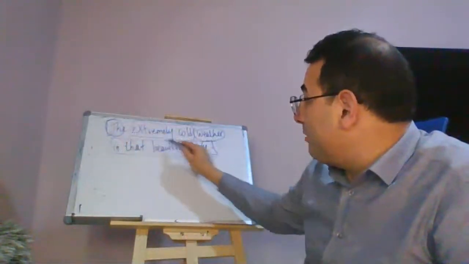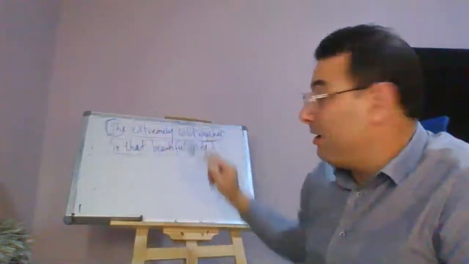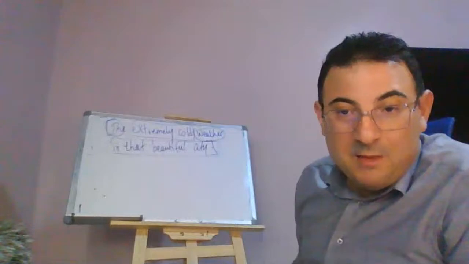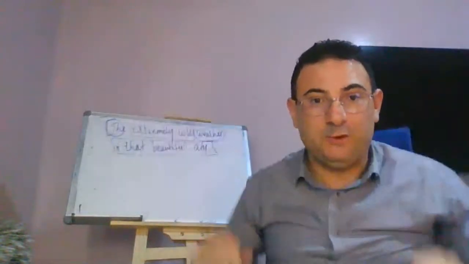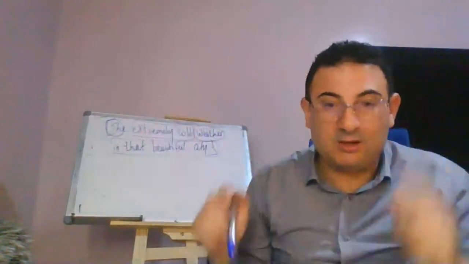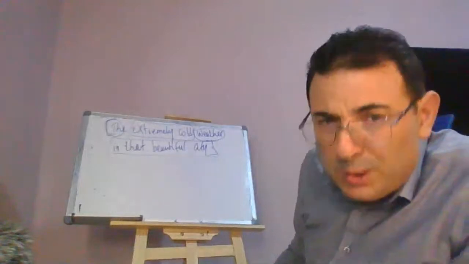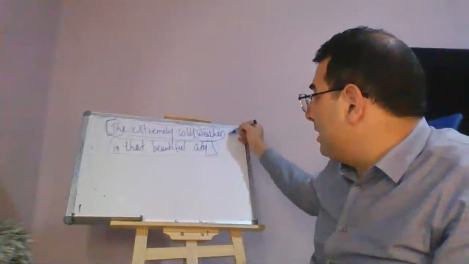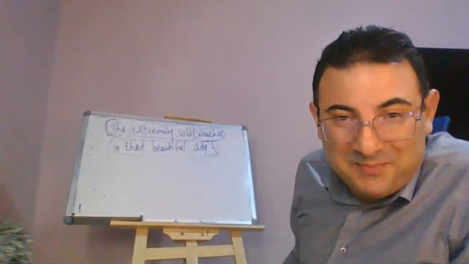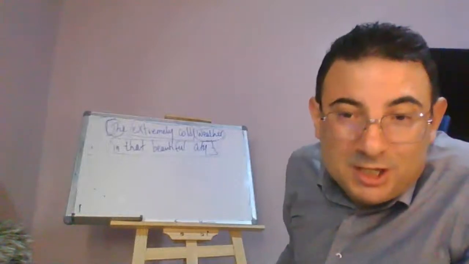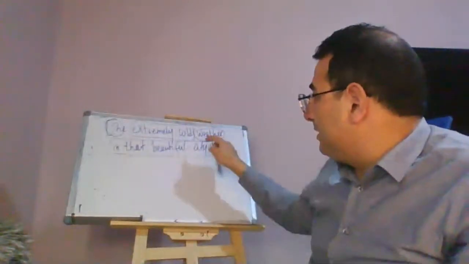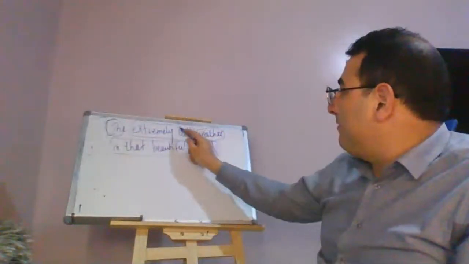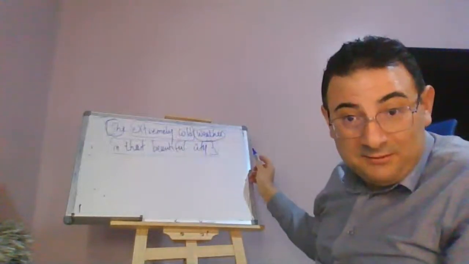So we'll come to extremely cold later. But let's do the big portions first so that we can be clear on how we can draw our tree diagram. We will see, for example, that when we are done like this, we have an adjunct before and an adjunct after.